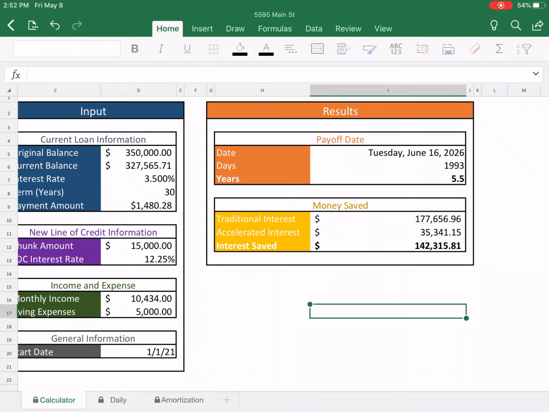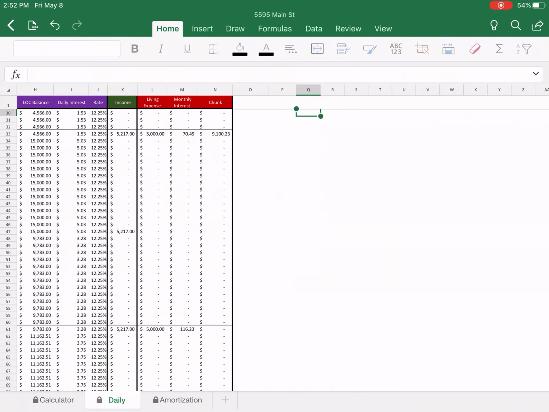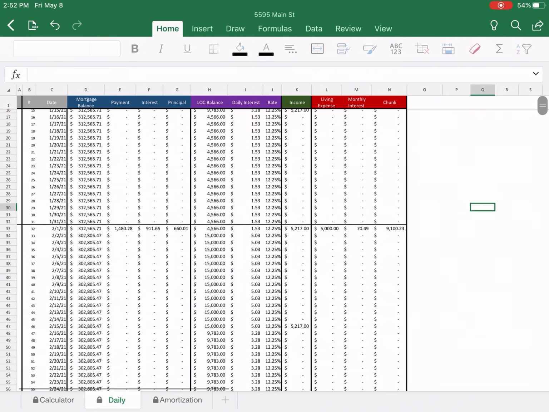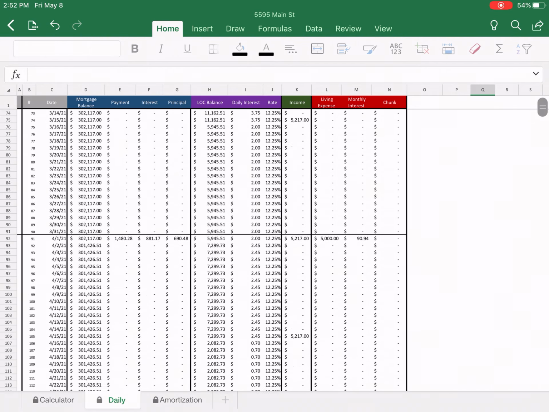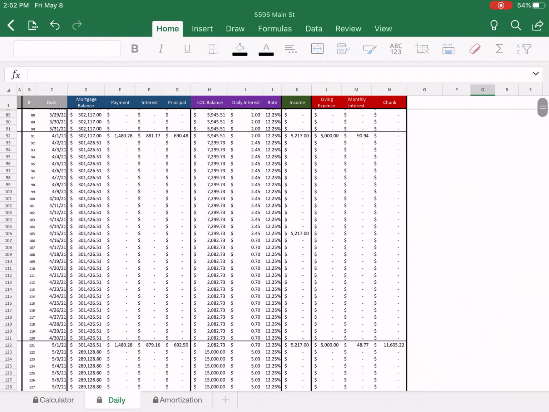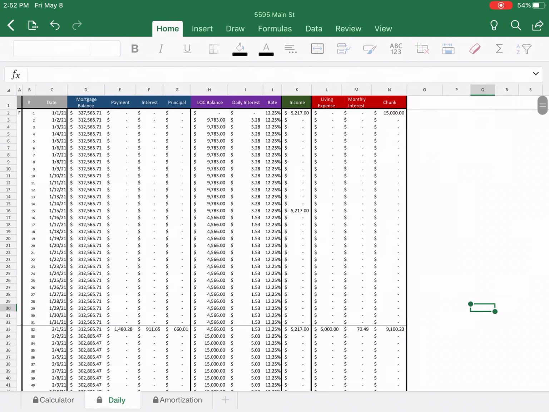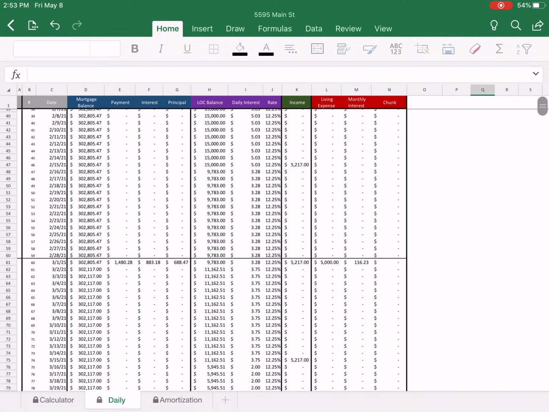So anyway, you go over here to the daily amortization. Basically, this gives you a breakdown of your whole mortgage, right? The cool thing is, it's more powerful if I could unlock this. I have to watch some YouTube videos on how to unlock it so I could manipulate it here, like put in expenses. Basically, it's taking your total income and dividing it into two because you get paid every 2 weeks.